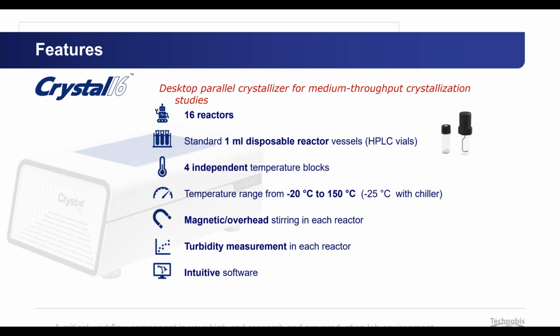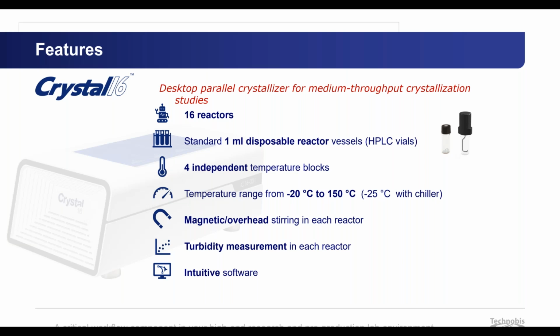The Crystal16, for those of you that do not know or didn't hear about the newest version, is shortly a 16 reactor instrument that you can heat and cool in a controlled manner using the HPLC vials, the 1 milliliter vials.